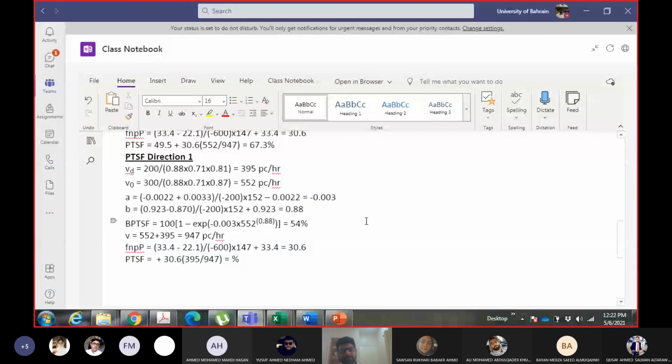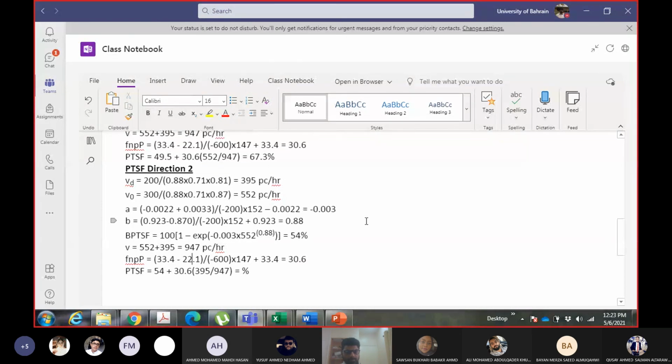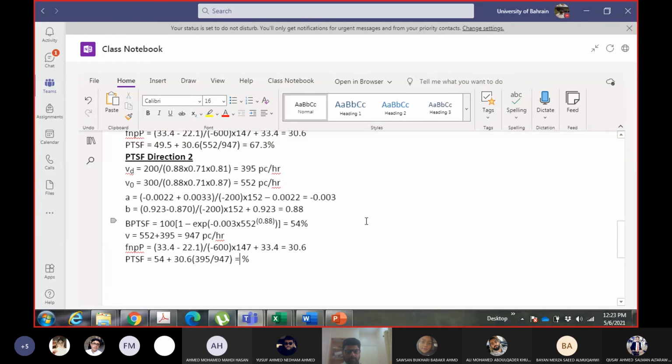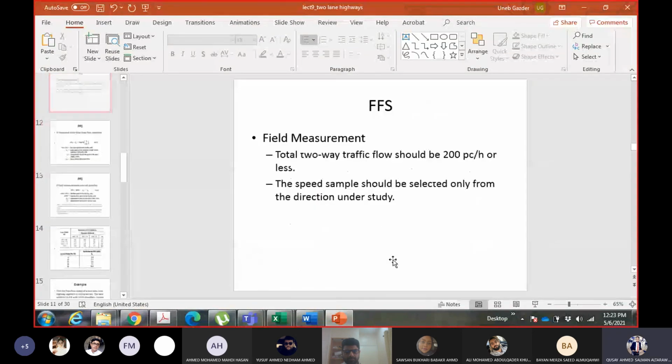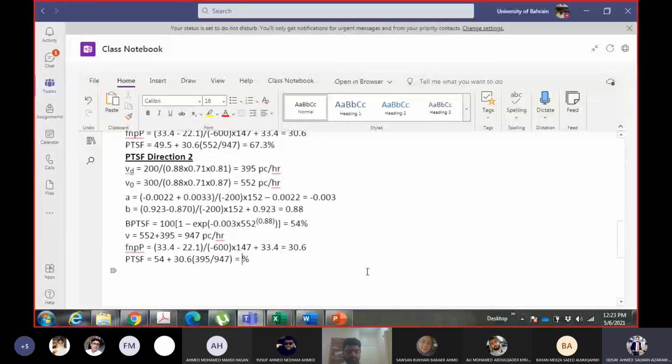The total will remain the same. Since the total is same, that means the no passing zone adjustment factor will also not change. No passing adjustment factor needs the total flow. Total flow is the same, so it will not change. So it will remain 30.6, and I will put the base value here, 54. Give me the answer now. 66.8.